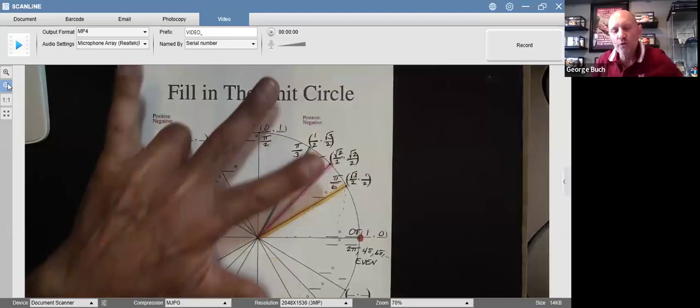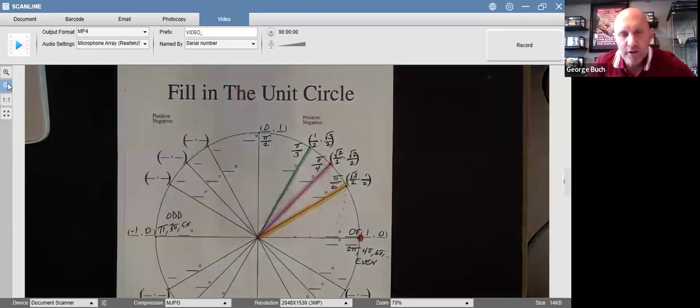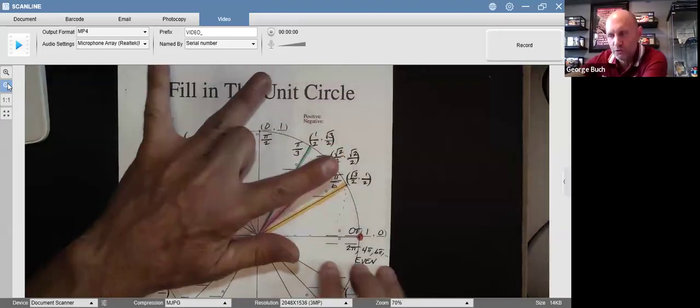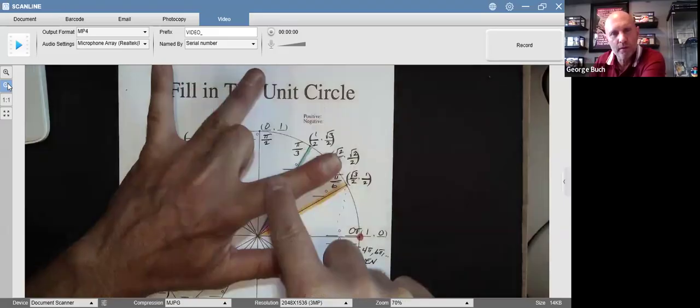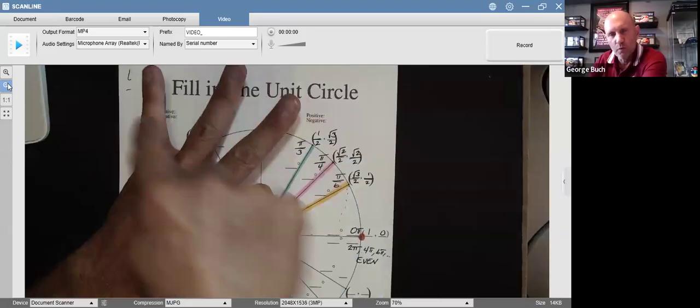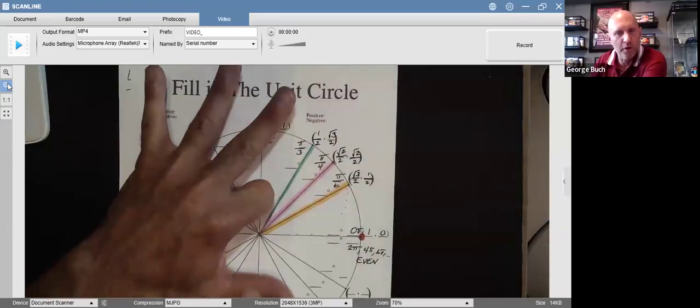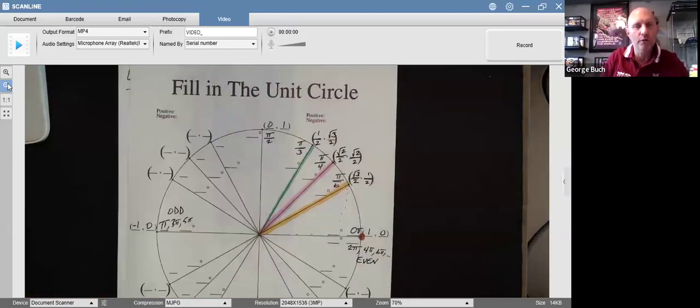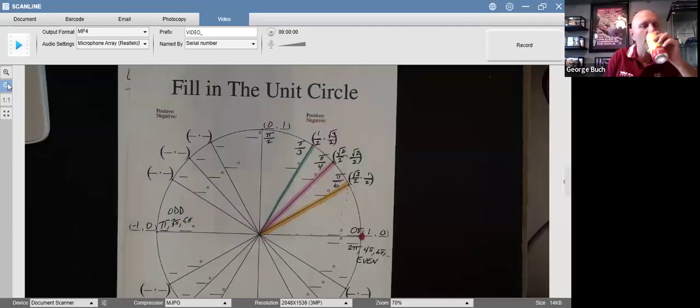As long as you know those values in quadrant 1, you can figure anything out. And that'll work with all of these. So pi over 4 is root 2 over 2, root 2 over 2. Pi over 6 is root 3 over 2, root 1, which is 1 over 2. So that works for all of those values in quadrant 1.